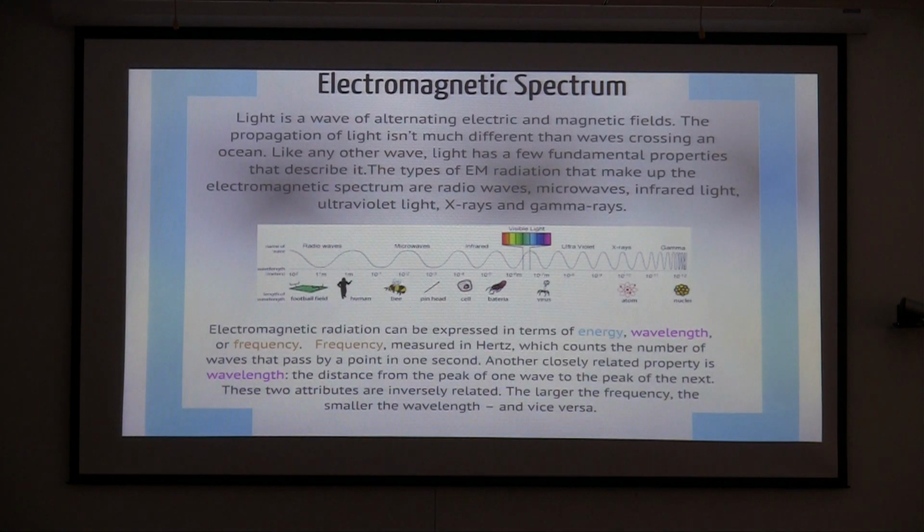So we use the electromagnetic spectrum, which is a way of showing the different types of radiation or energy, such as radio waves, microwaves, infrared waves, ultraviolet waves, X-rays, and gamma rays.